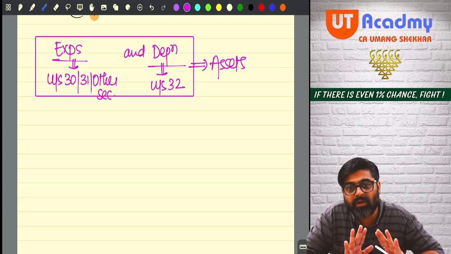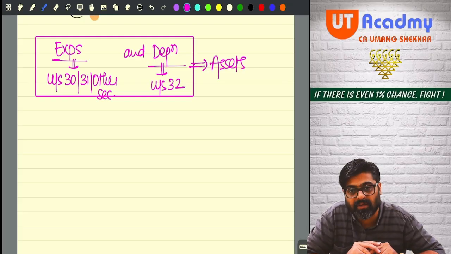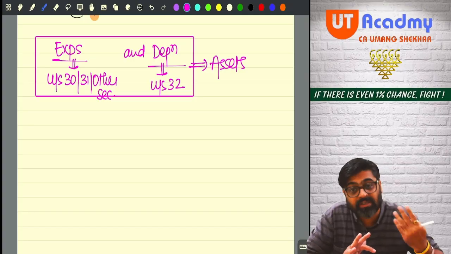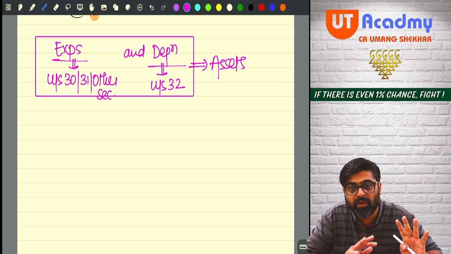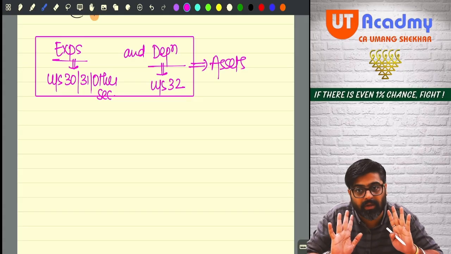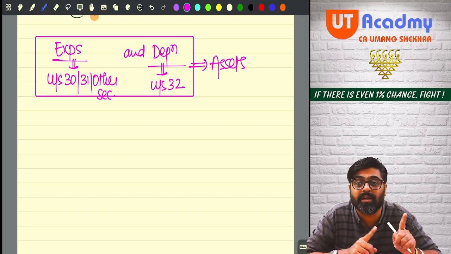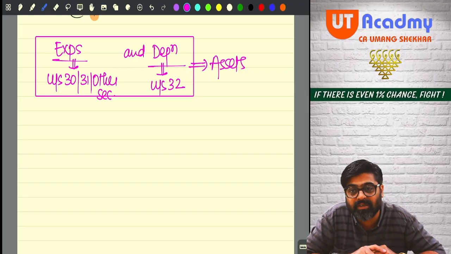Sure. So whenever you are going to claim deduction for any expense or even the depreciation under section 30, 31, any other section, or even section 32, depreciation also, yes or no? You have to keep in mind section 38 also. Keeping in mind section 38, you are supposed to take the deduction for these expenses and depreciation. Got it?